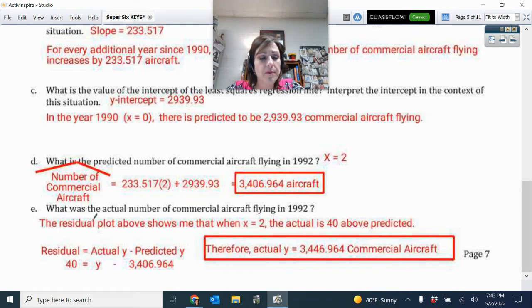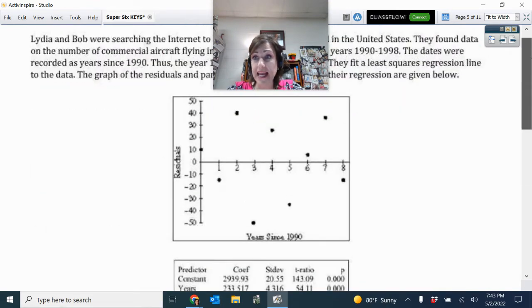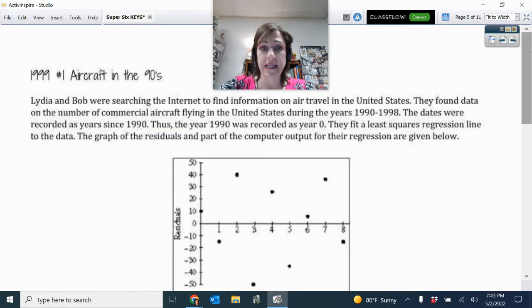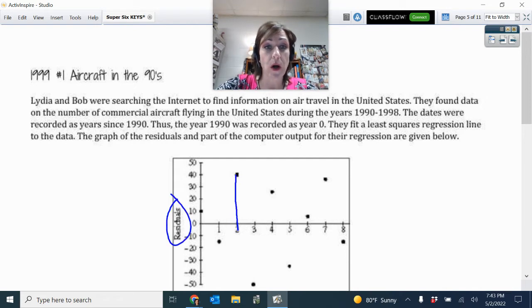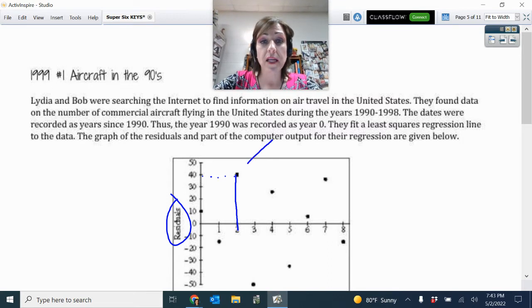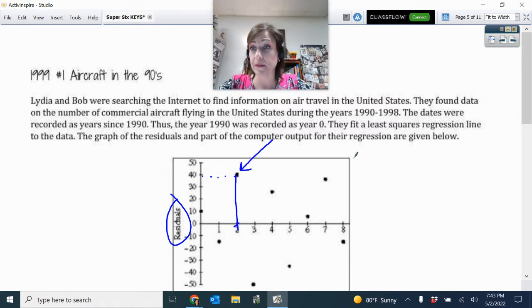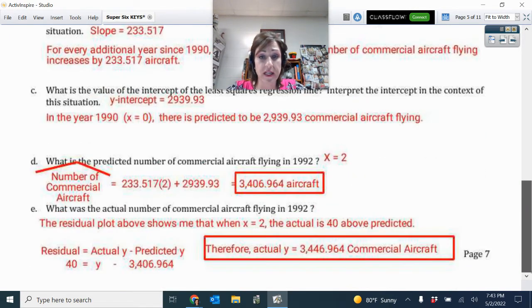Okay. So now, what was the actual number of commercial aircraft? Well, let's take a look up above, because up above I can see that in 1992 the residual was 40. That means the actual was 40 above what was predicted to happen. You could do that a couple ways.